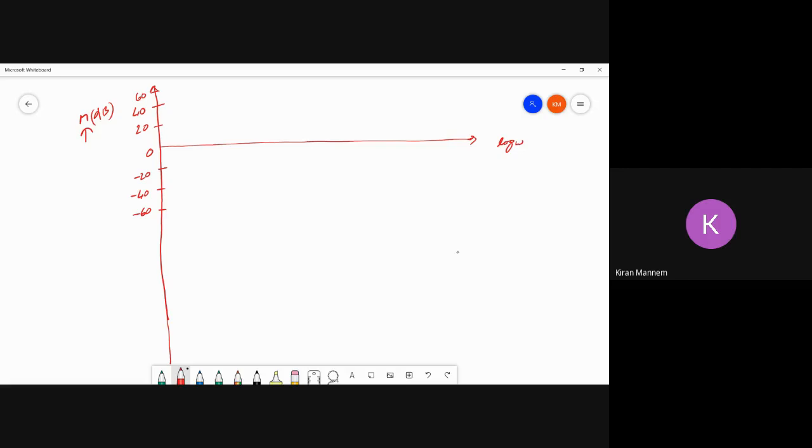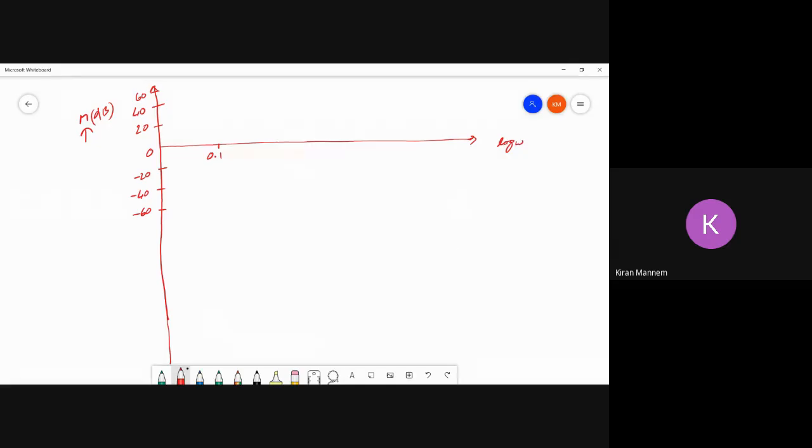So what's the first point when omega equal to 1? Let us take this as 0.1. It's not 0, it's the 0 dB line.